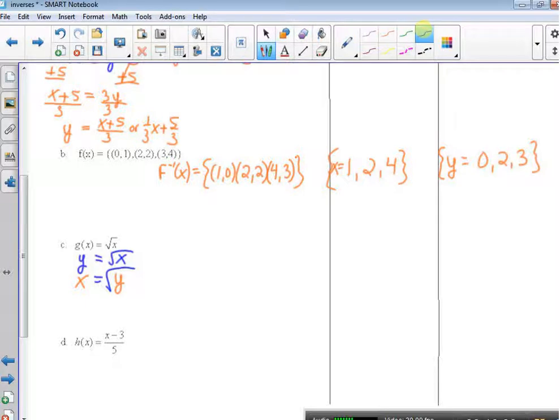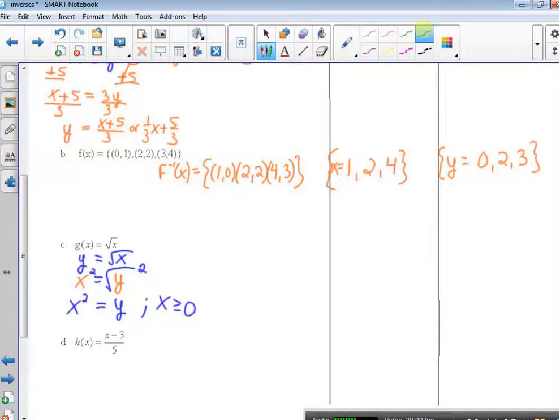I'm going to square both sides like we did with the radical equations in one of the last chapters. And so I would get y is equal to x squared. But it has to be when x is greater than or equal to 0.